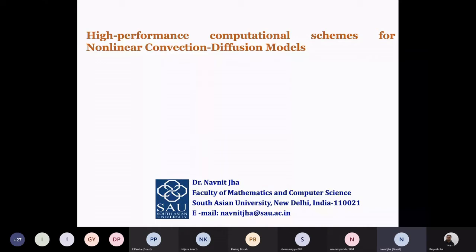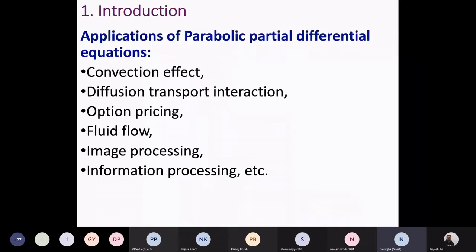I have used some computer programs also here that will help you understand how we can implement the algorithm in a computer program. The mathematical equation that I will discuss falls in the category of parabolic partial differential equations, and it has several applications.